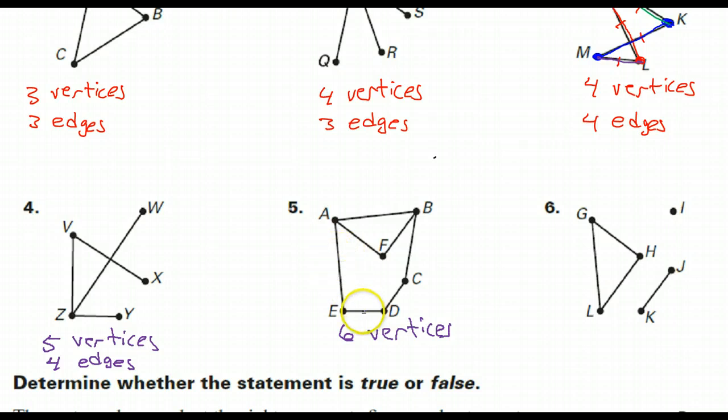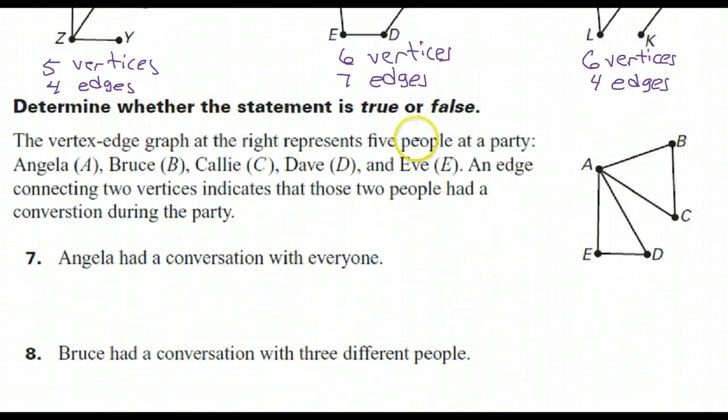And we have 1, 2, 3, 4, 5, 6, 7 edges. Okay, let's see. We have 1, 2, 3, 4, 5, 6 vertices on number 6. And we have 1, 2, 3, 4 edges. Alright, so just getting comfortable with that vocabulary.